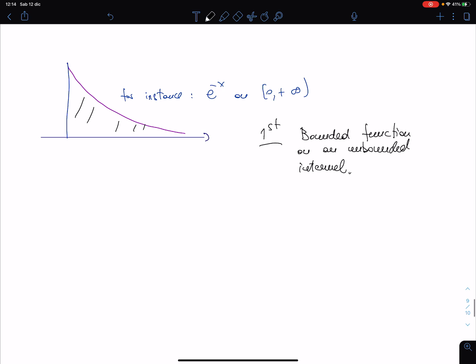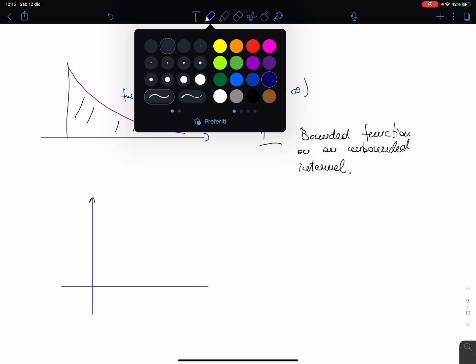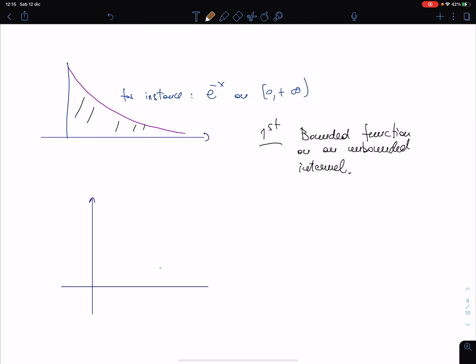And the second will be to study, for instance, 1 over the square root of x on the interval 0, 1.